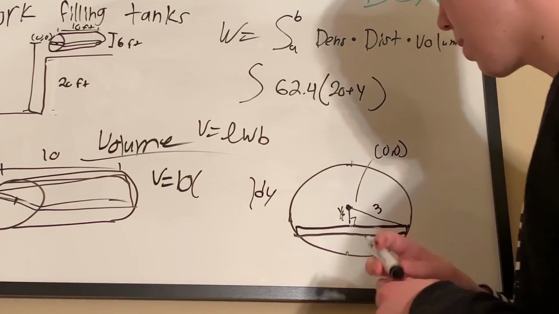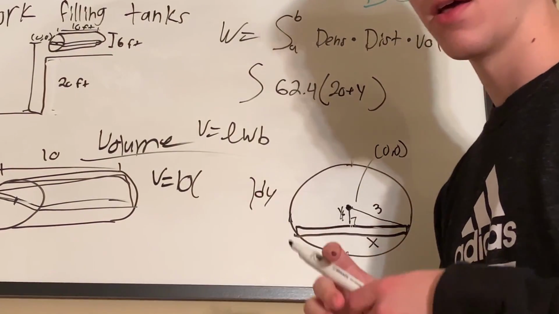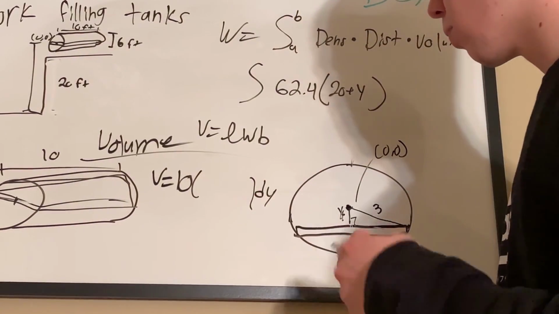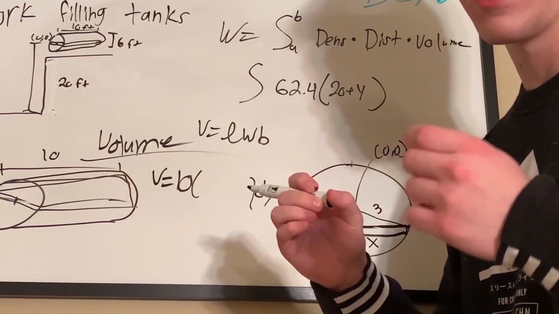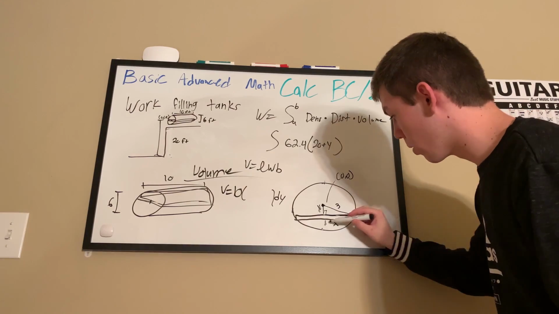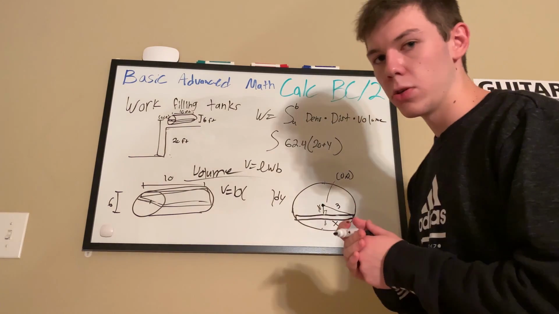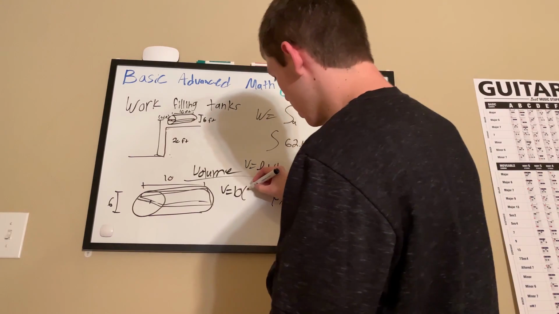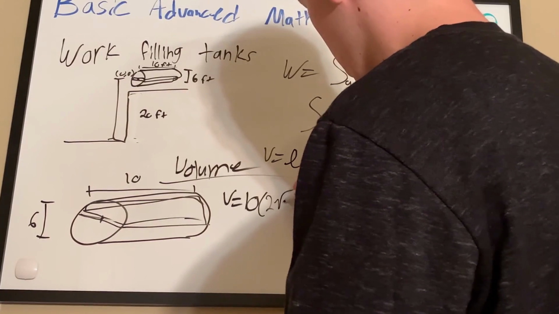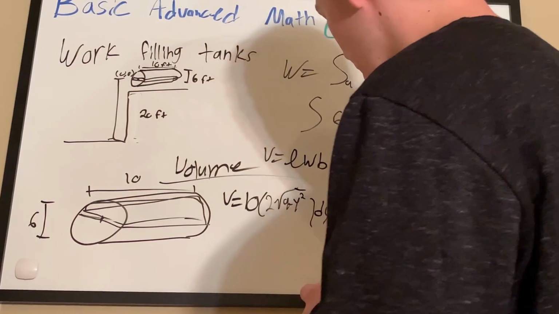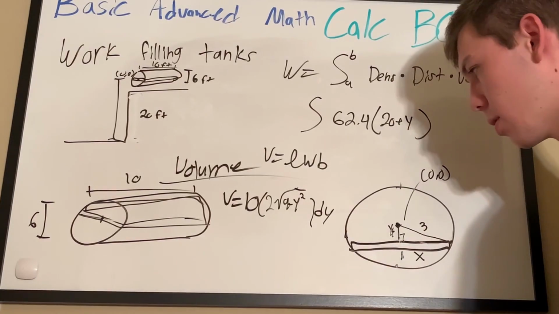So x is going to equal the square root of 3 squared minus y squared, which is the square root of 9 minus y squared. However, that's just 1/2 of it. We multiply it by 2. So overall, we are going to get 2 times the square root of 9 minus y squared.